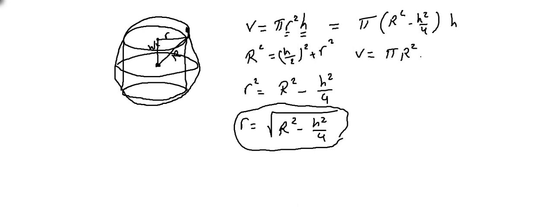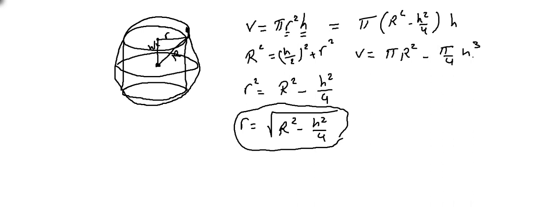Volume, now we can substitute r with its value, so it will be pi r squared h, meaning pi times R squared minus h squared over 4, times h, right? So the volume of the cylinder will be equal to pi R squared h minus pi over 4 h cubed, right?